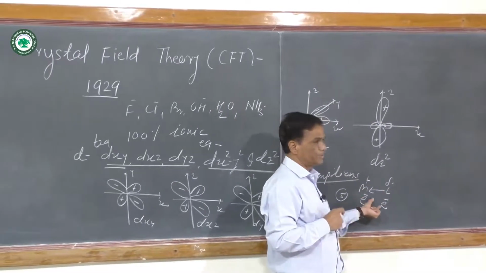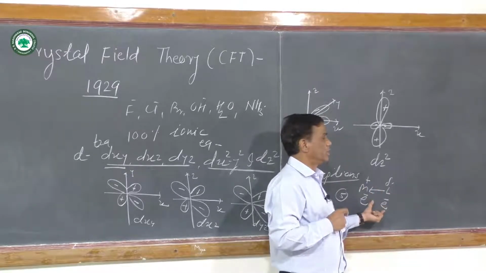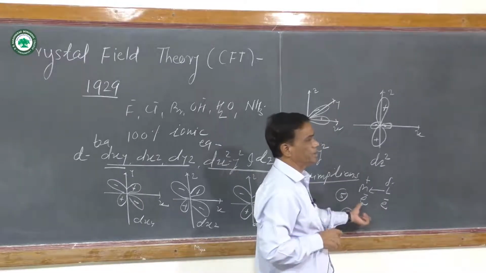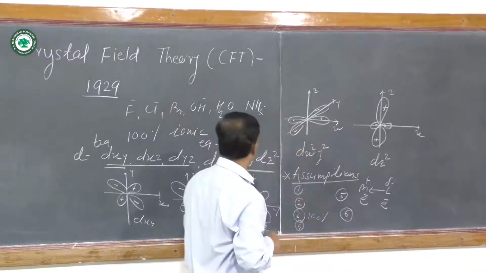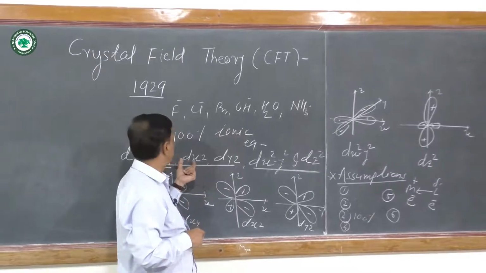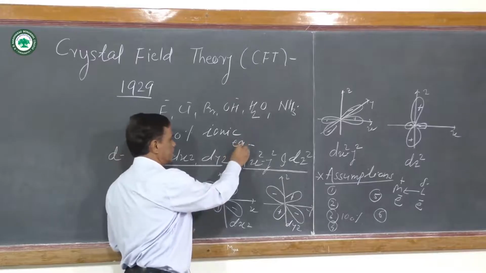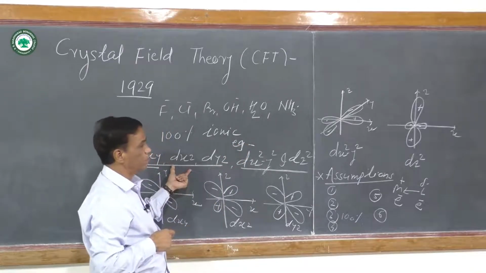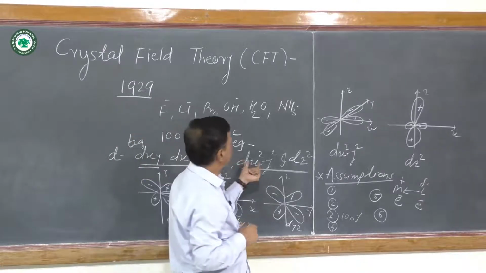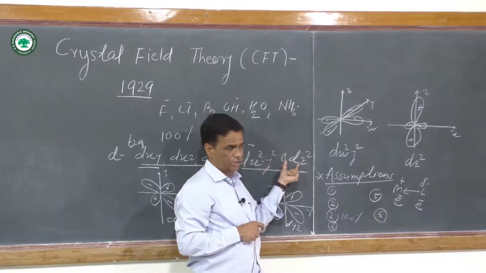And then next, for the electrons present in the metal ion and ligands, there is a repulsion, and the sixth assumption is that when there is repulsion between electrons, the five d orbitals split into two sets, meaning degeneracy is broken. The t2g set contains three d orbitals, dxy, dxz, dyz, and the eg set contains two d orbitals, dx square minus y square and dz square.